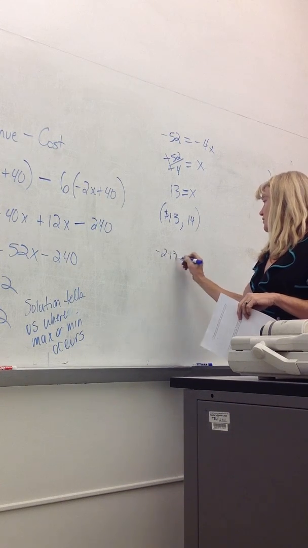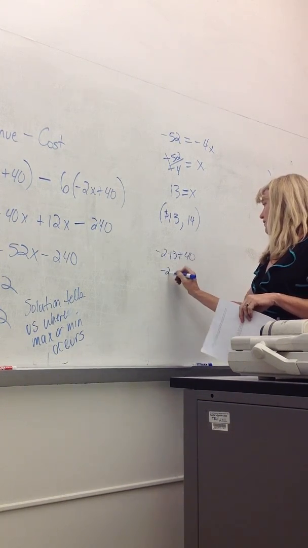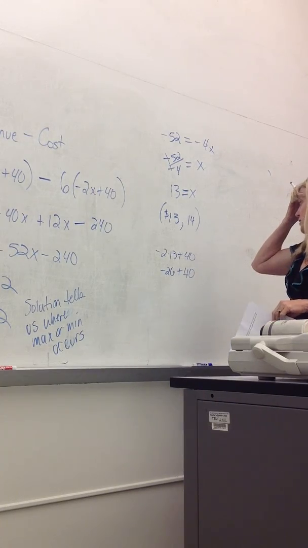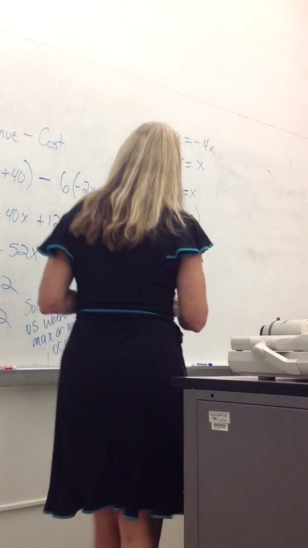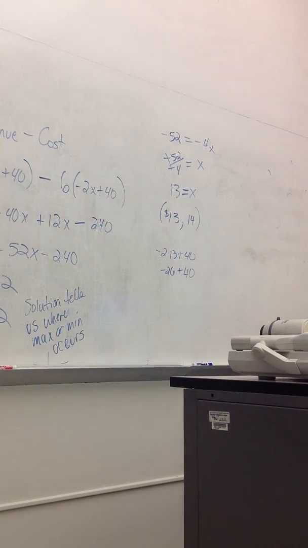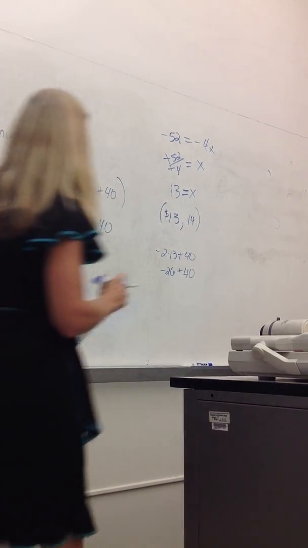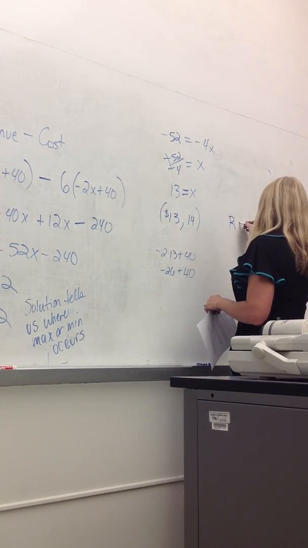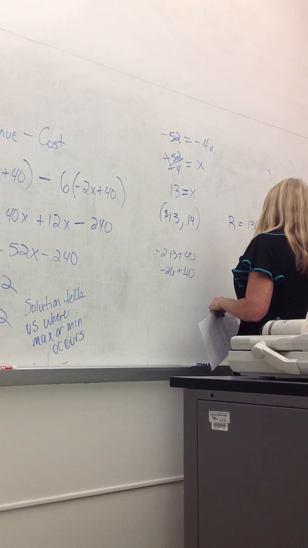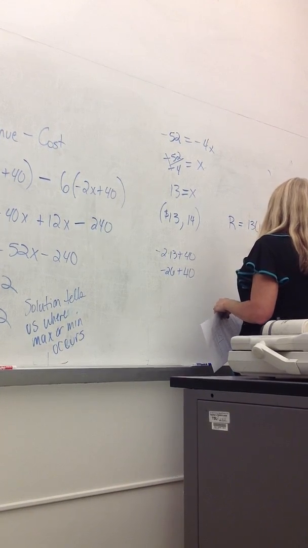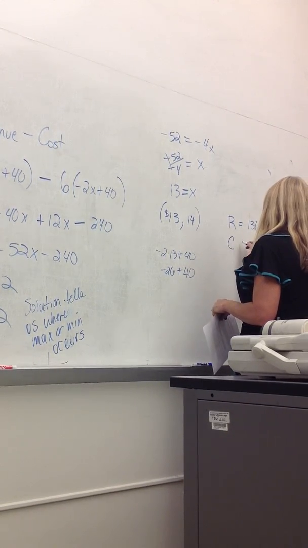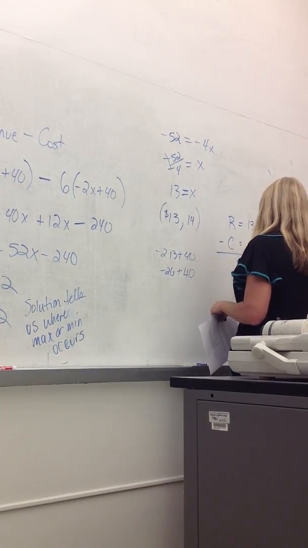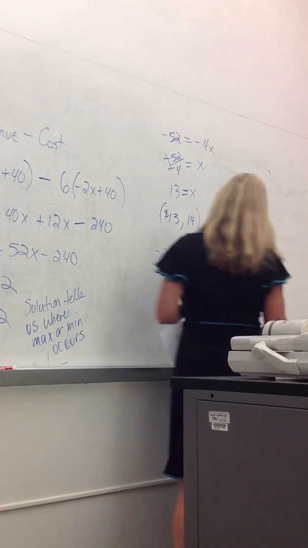Negative 2 times 13 plus 40 would be negative 26 plus 40. So that is 14. So he's going to sell 14 necklaces at $13 a piece, and his revenue is going to be $13 times $14, but his cost is going to be $6 times $14, and revenue minus cost is profit.